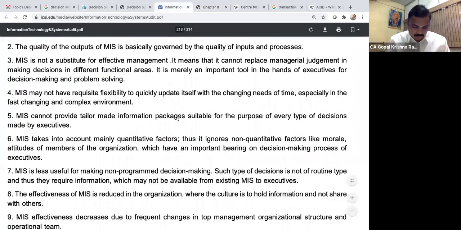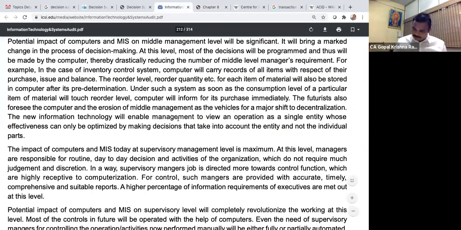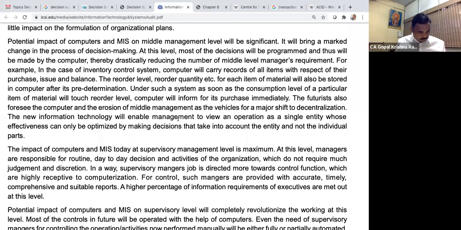Please look at this. It is in page number 1.